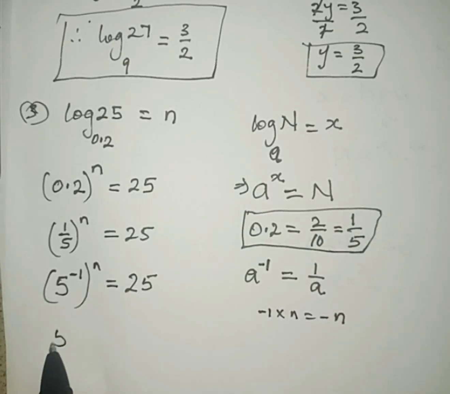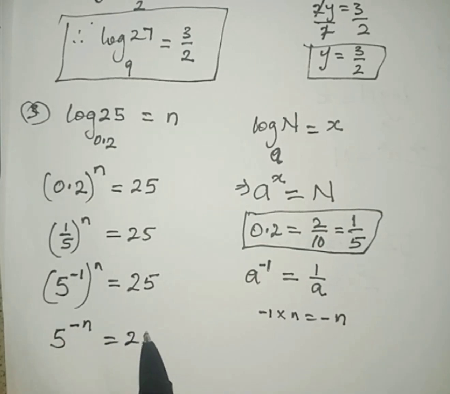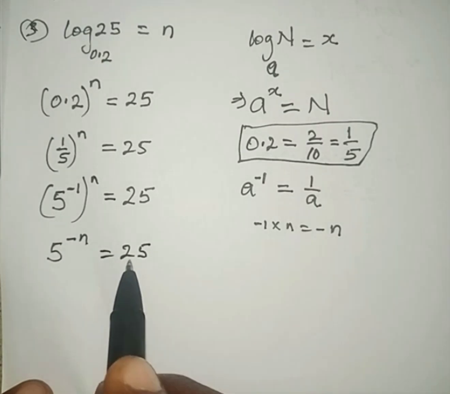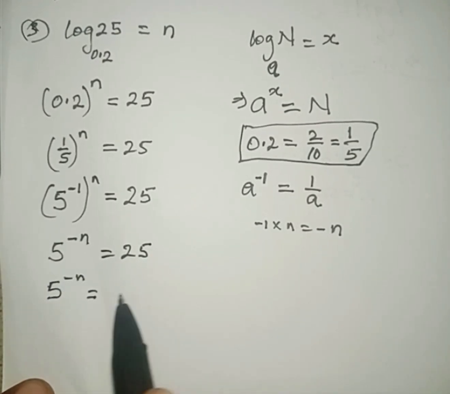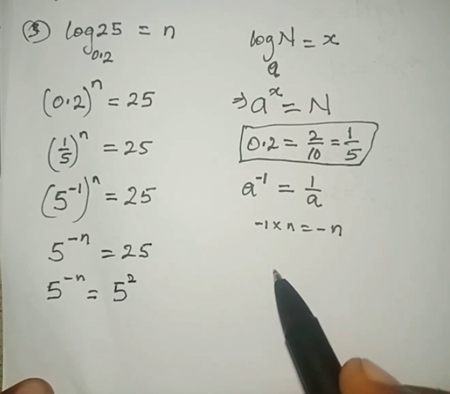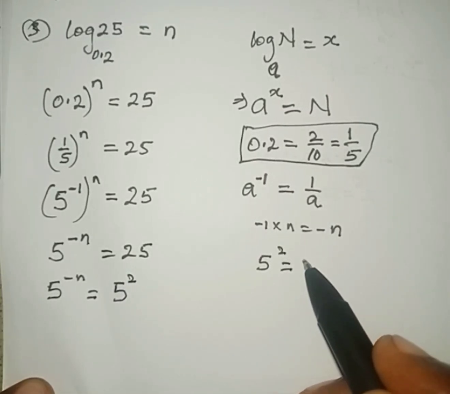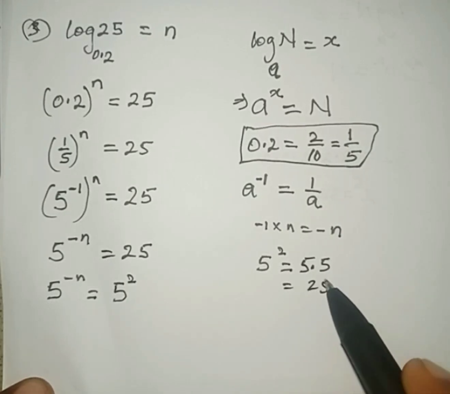Therefore, this is 5 raised to power minus n equals 25. 25 can be written in base 5. Therefore, 5 raised to power minus n equals 5 raised to power 2, because 5 raised to power 2 is 5 times 5, which is equal to 25.